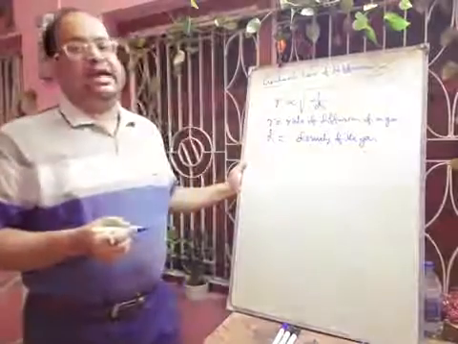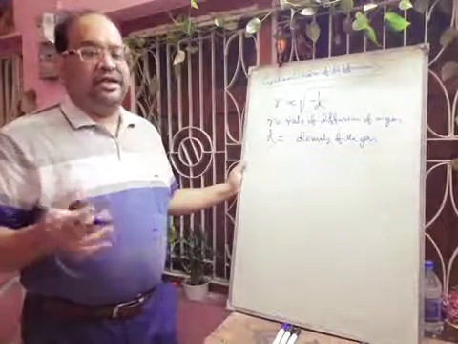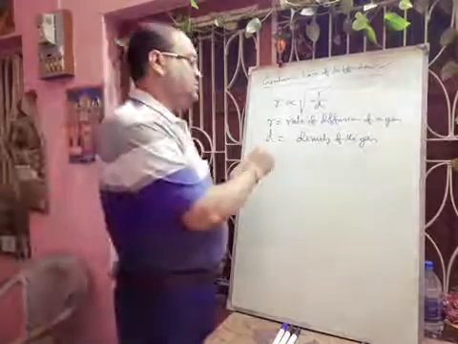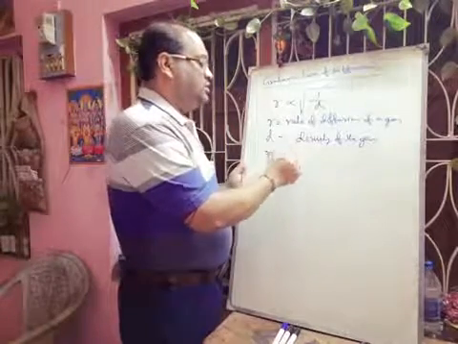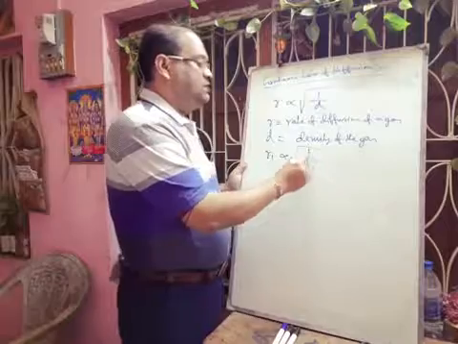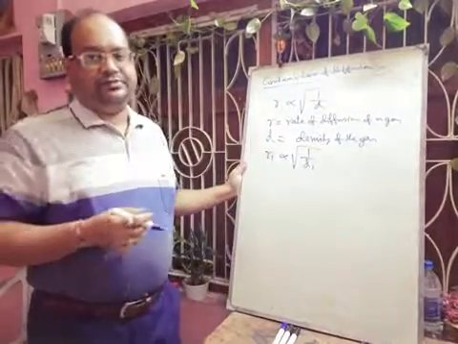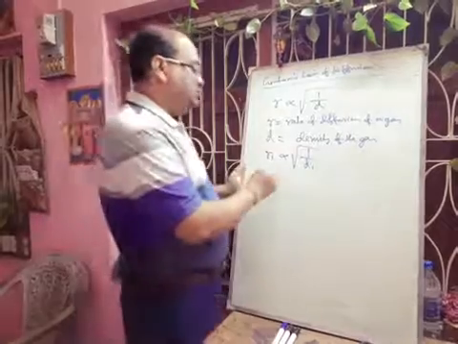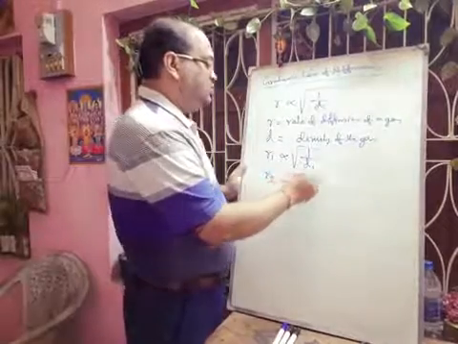So suppose for a particular gas the rate of diffusion is R1, so R1 is proportional to root over 1 by D1, whose density is D1. And for the second gas, R2 is proportional to root over 1 by D2.